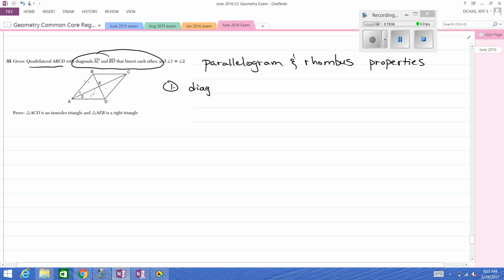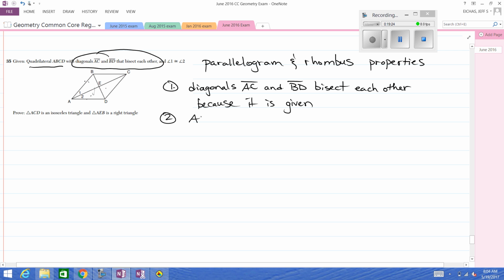First, its diagonals, AC and BD, bisect each other. And that's given. Second major idea, because of that, ABCD is a parallelogram.